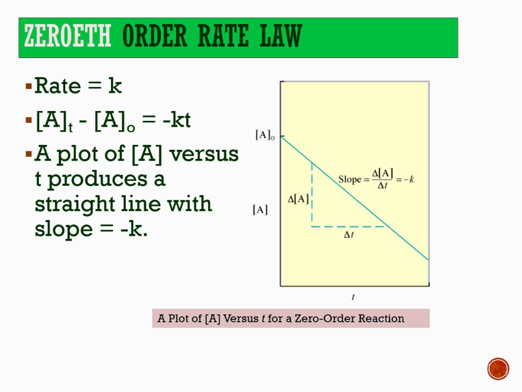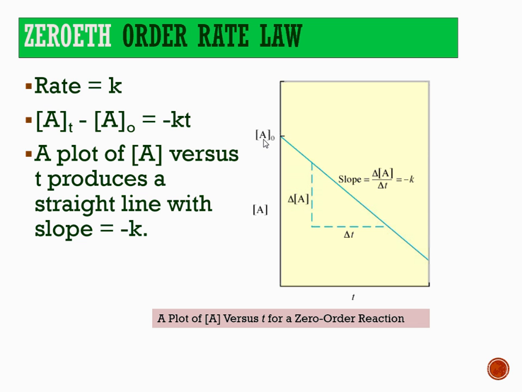The zeroth order rate law is essentially that the rate is equal to your rate constant. In zeroth order, concentration final minus concentration initial is equal to the negative of the rate constant times time. Essentially, this means that our rate is independent of the concentration changing.